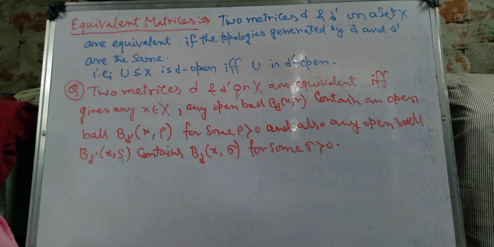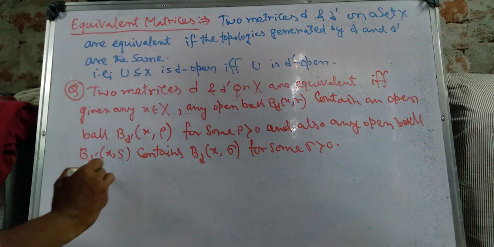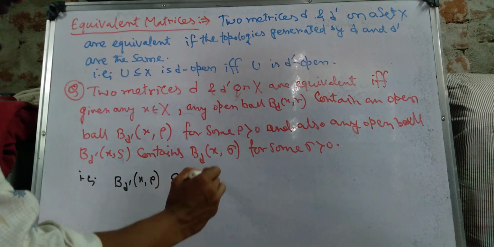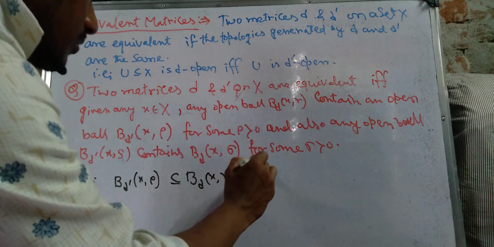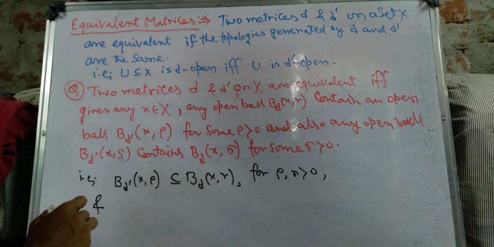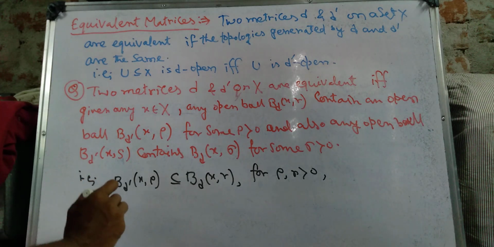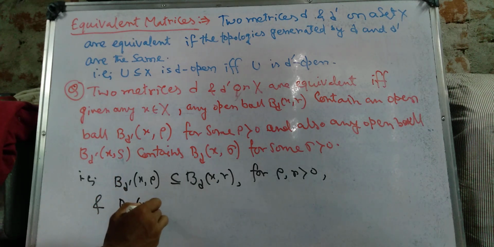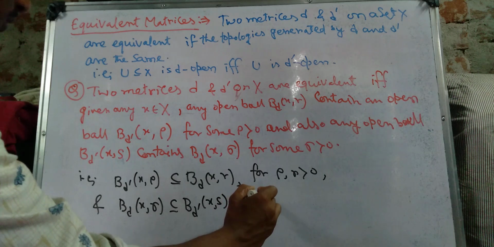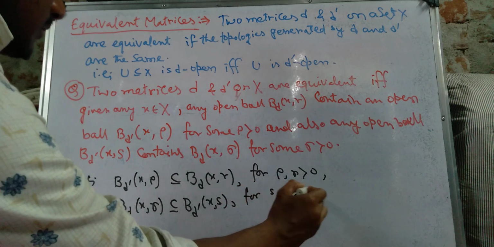Okay, then two metrics d and d dash are equivalent if any open ball B_d(x,r) contains an open ball B_d'(x,rho) for some rho greater than 0, and also any open ball B_d'(x,s) contains B_d(x,sigma) for some sigma greater than 0.